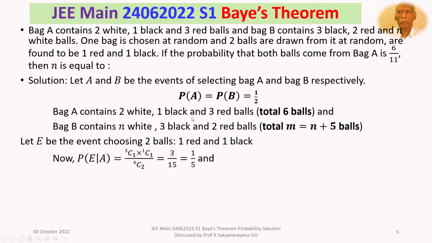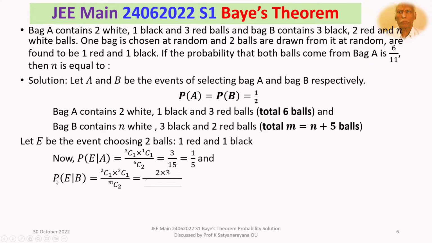We have 3 red, so we choose 3C1, multiplied by 1 black, 1C1, divided by the total 6, choosing 6C2. So that is the probability of the event E given A, and when simplified it will be 3 by 15, and that is equal to 1 by 5.